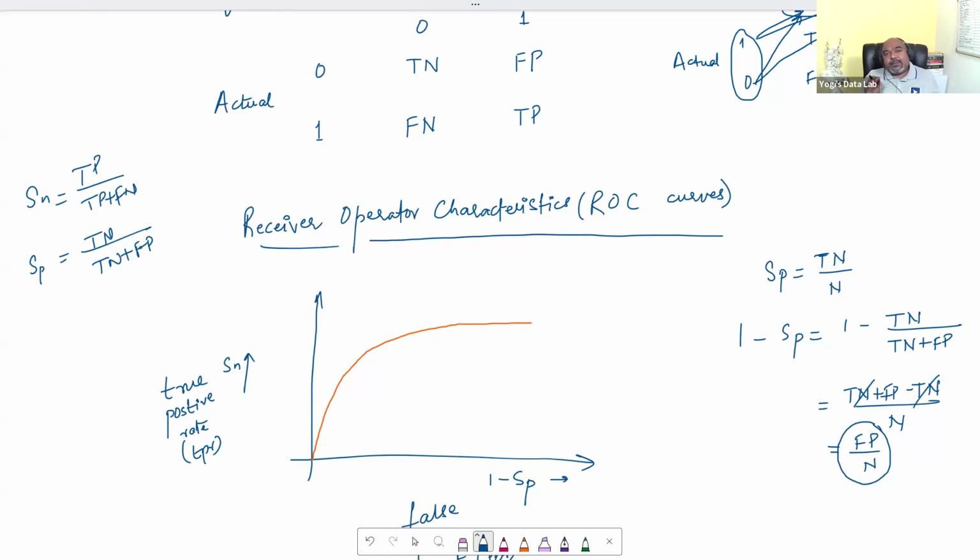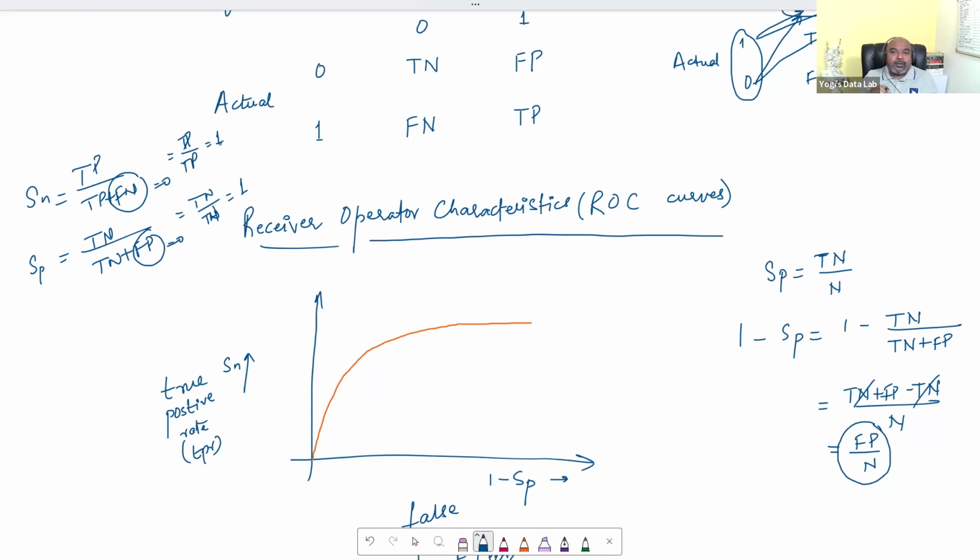For me to have a 100% accurate model, it means that my false negatives should be 0 and my false positives should be 0. When your false negatives and false positives are 0, your sensitivity becomes TP by TP, which is 1, and specificity becomes TN by TN, which is 1. It means that if I have to get a 100% accurate model without any false positive or any false negative, I should have my sensitivity to be 1 and specificity to be 1.